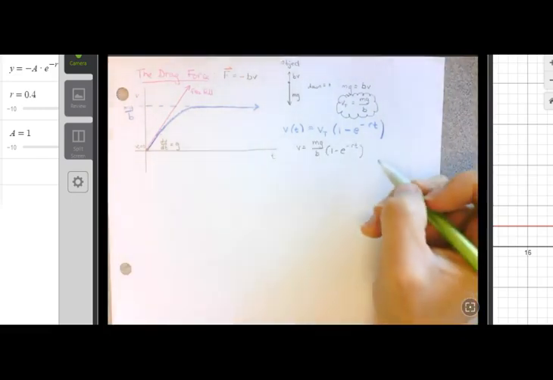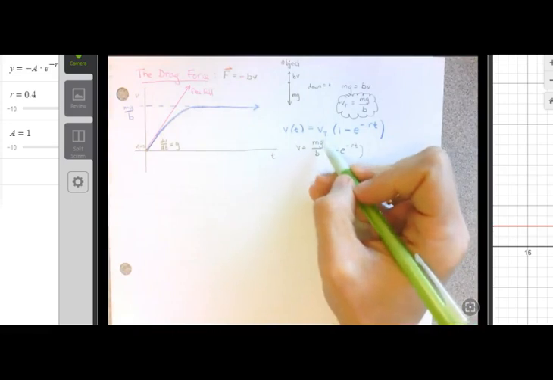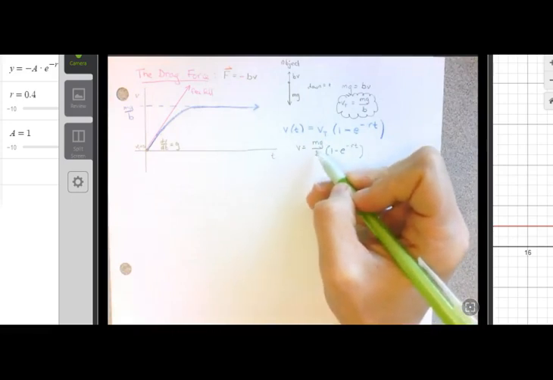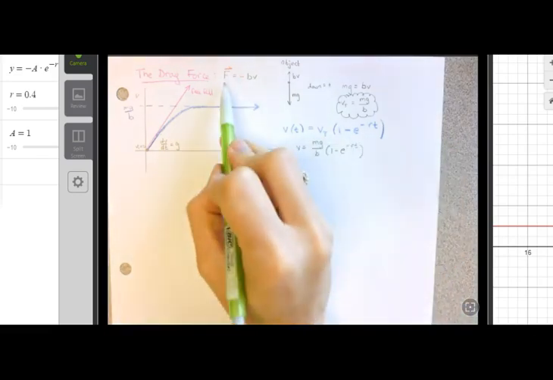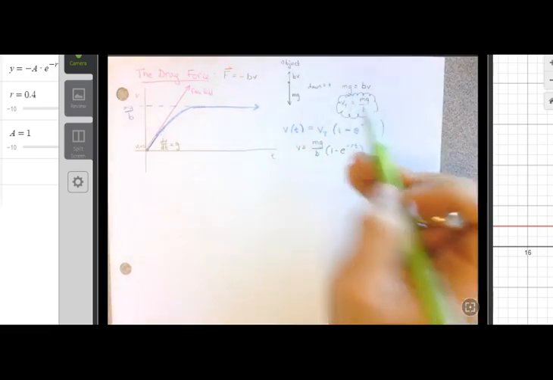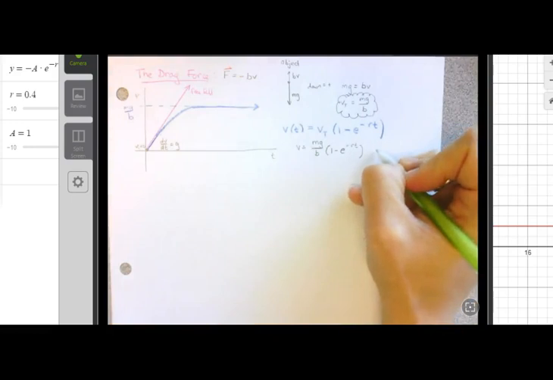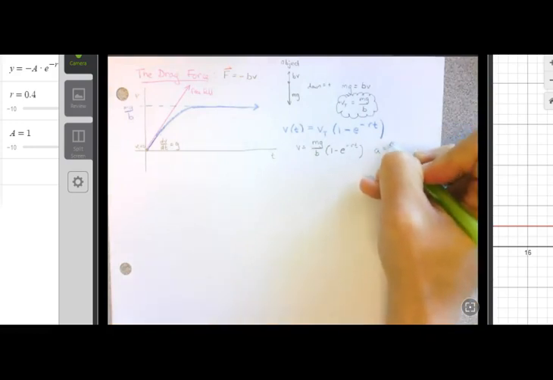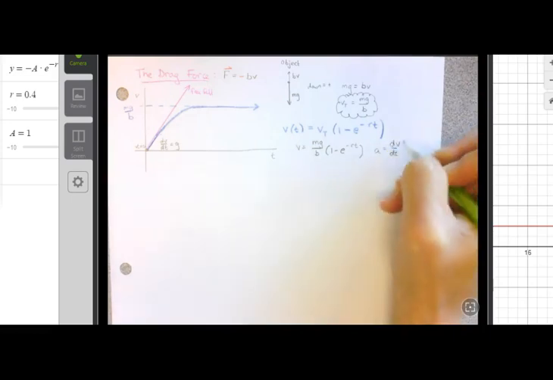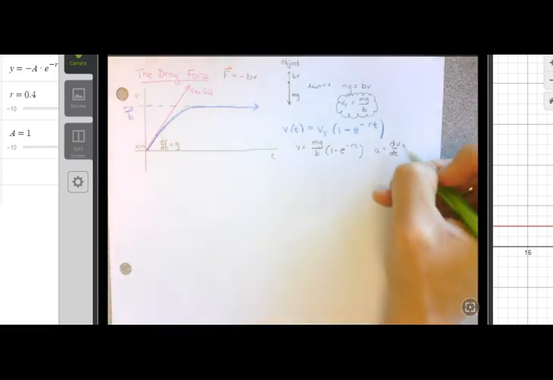And if we don't want to bother with guess and check, notice that we know what v_t is. And we know another thing. We know the force, we know the mass. That means we know the acceleration, which is the first derivative of our nice, tidy little equation here.